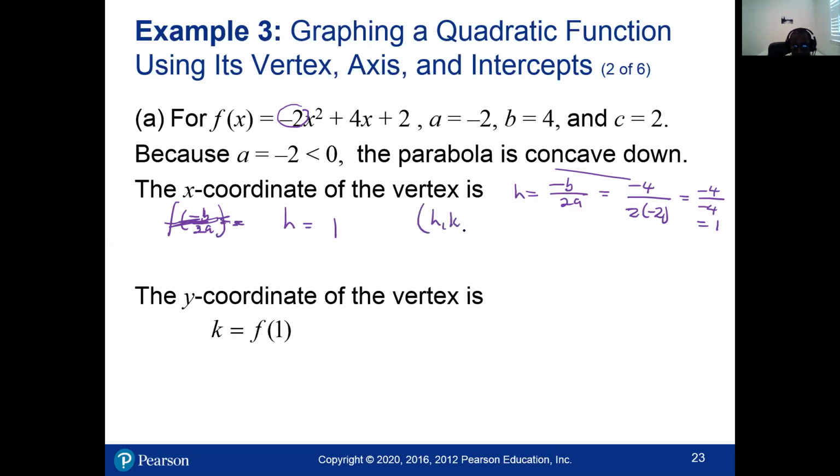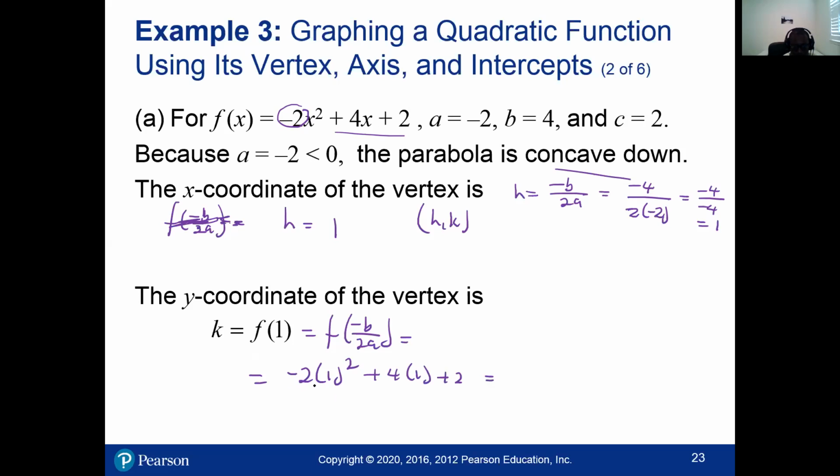The vertex is h and then k. Then the y coordinate is when we substitute. Remember, this is the same as f of minus b over 2a. So f of 1 is minus 2 times 1 squared, substituting into the original equation f of x, plus 4 times 1 plus 2.